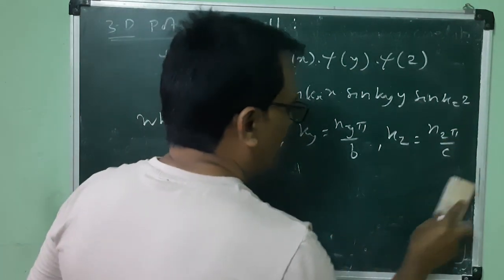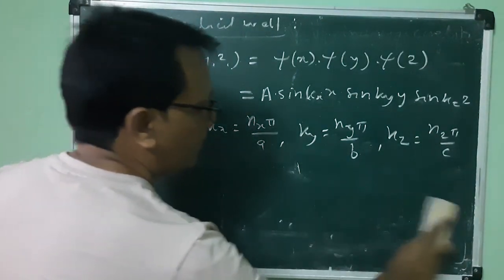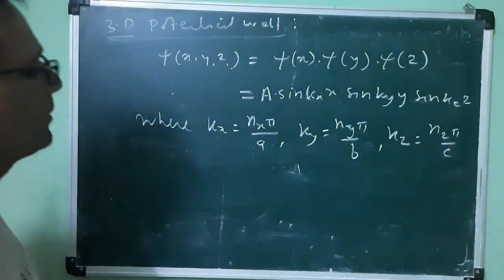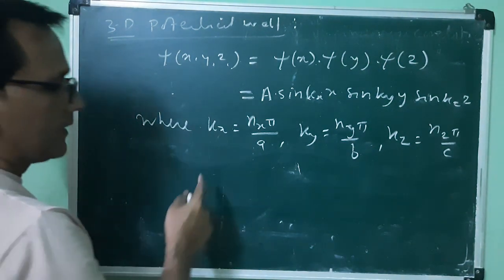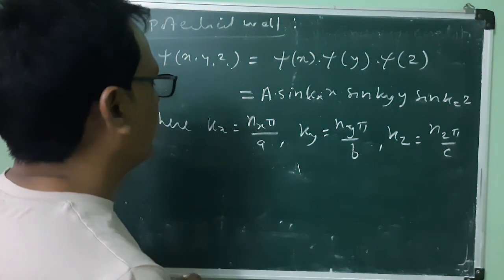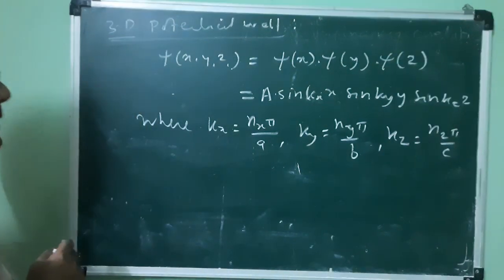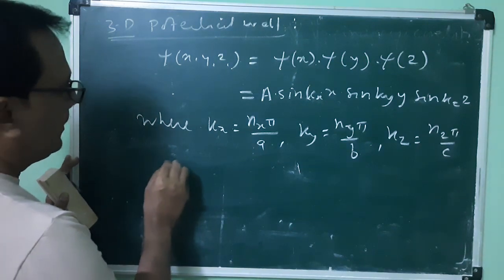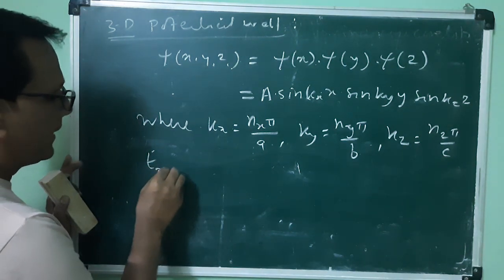So if we are considering the three-dimensional case, a, b, c are the sizes of the box along each direction.